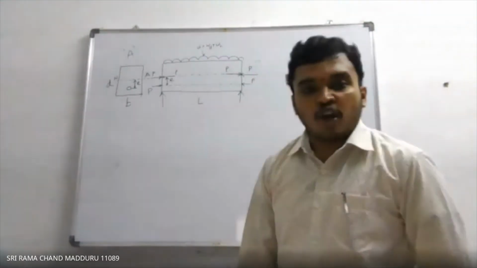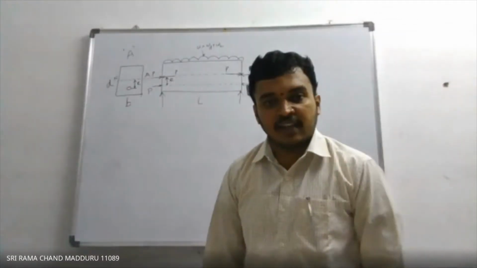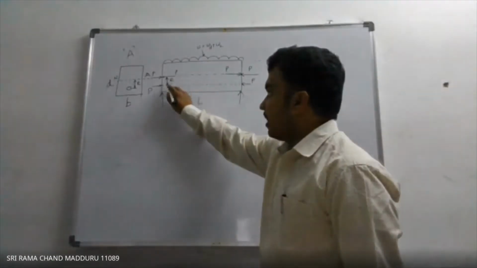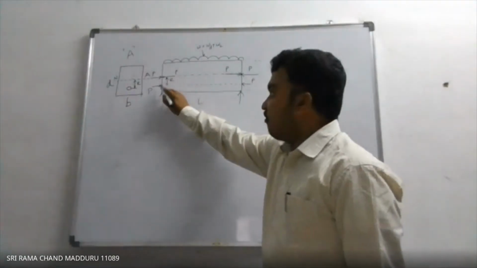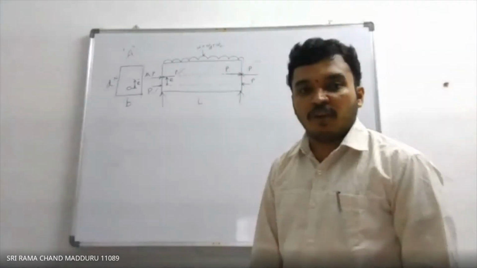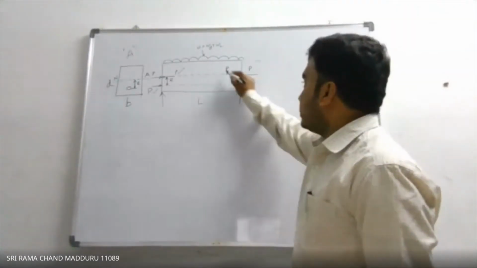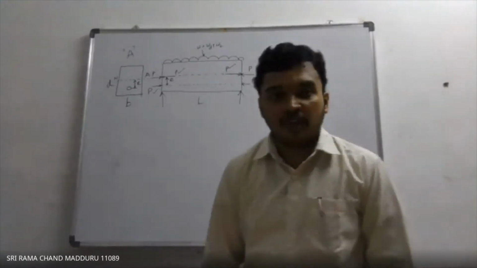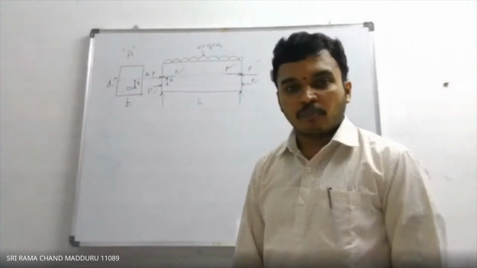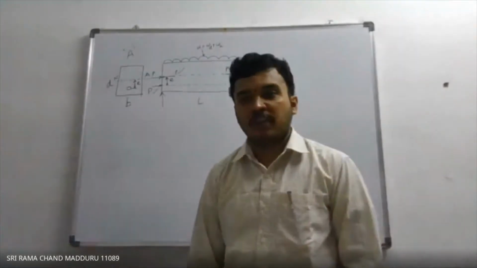When equal and opposite forces are acting at the neutral axis, these two forces are separated by a perpendicular distance, so they will form a couple. This force and this force will form a couple, and this force and this force will form a couple. The couple value is P into E. Moment M is equal to P into E.